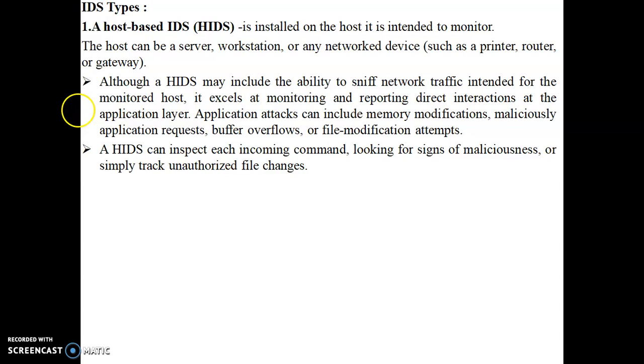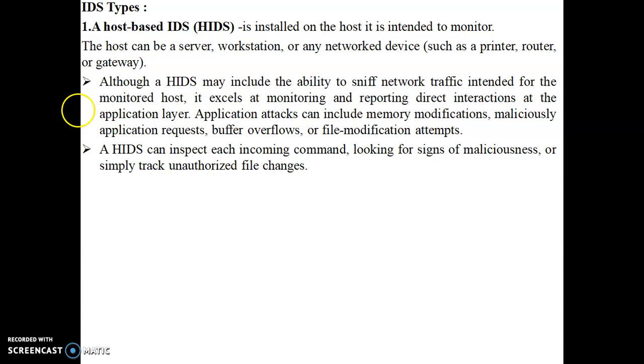Although a host-based IDS may include the ability to sniff network traffic intended for the monitored host, it excels at monitoring and reporting direct interaction at the application layer. Basically, the host-based IDS could be hardware or software installed in any device. Once it is installed, it is responsible for identifying any illegal attack happening on the system.